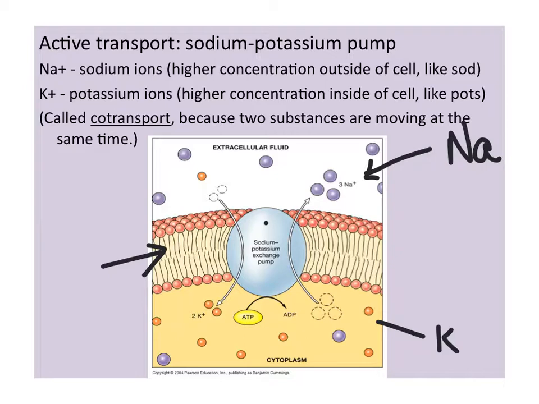But by diffusion, these sodiums every now and then do slip in, and every now and then these potassiums do slip out. And so constantly what our cells are doing, they employ this sodium-potassium pump that is constantly working to get the sodiums back where they belong, on the outside, and the potassiums back in where they belong.